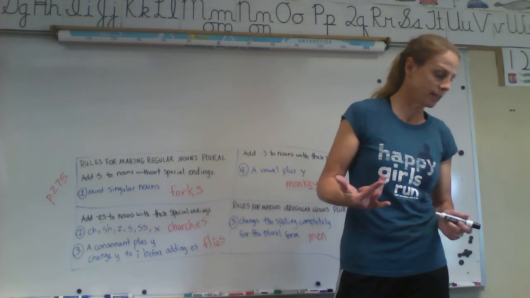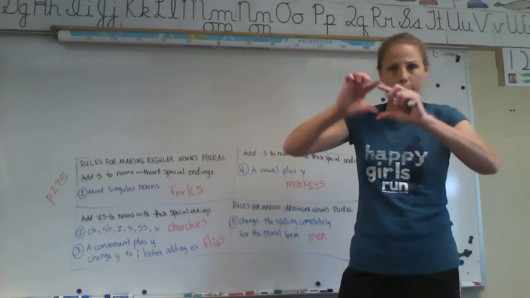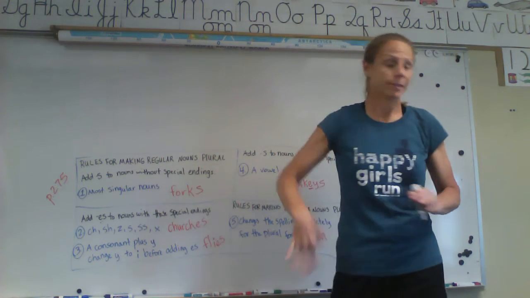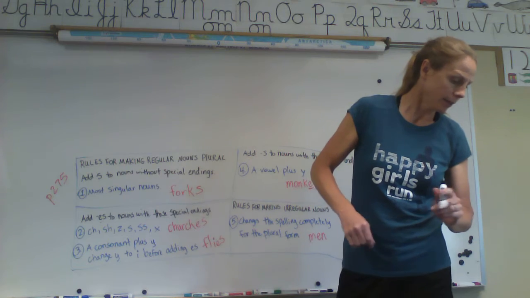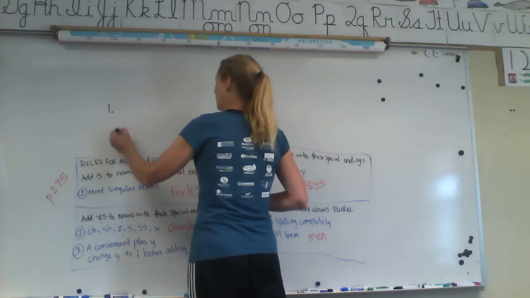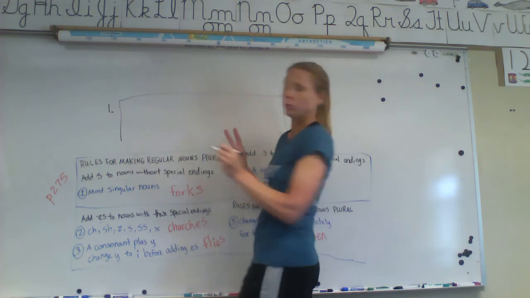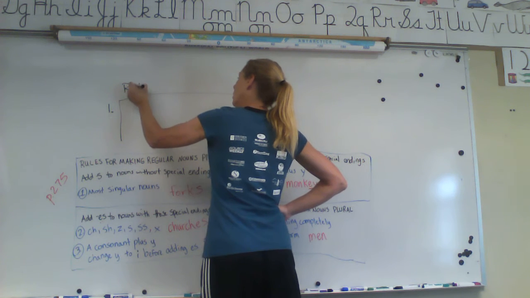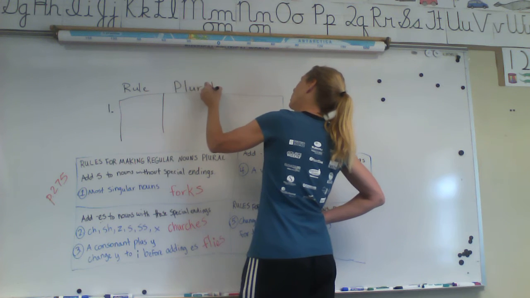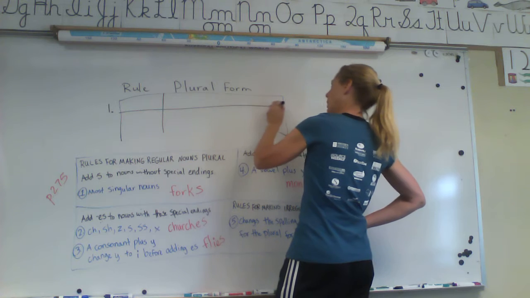Looking at practice 47, I'm going down to exercise 3 where they have the pink box. They have baby as number 1. They have these little squares, and they have its rule and then plural form. There's a bunch of them. Let's do a couple together.